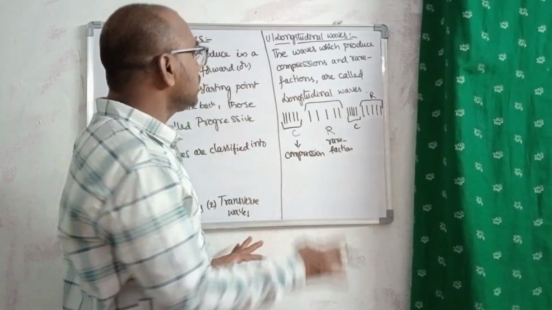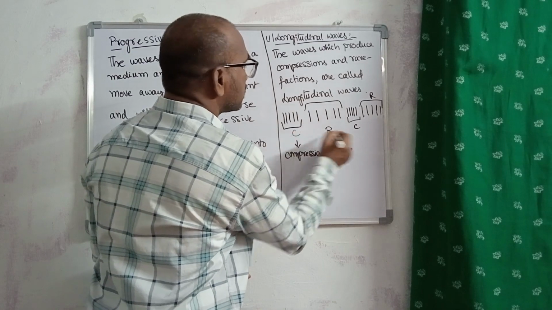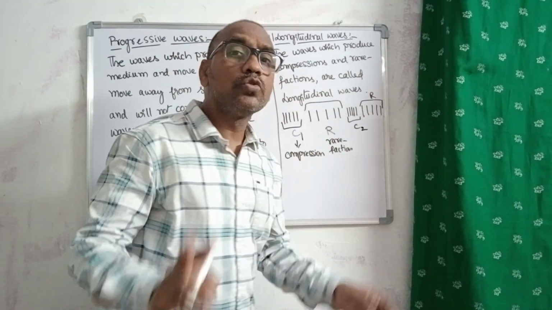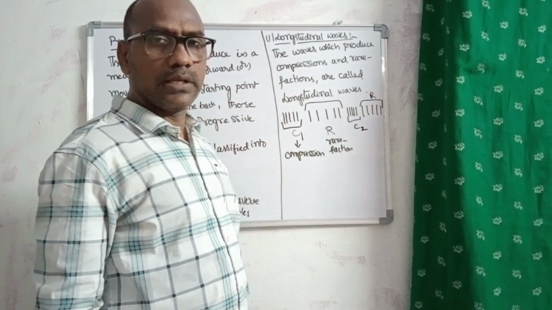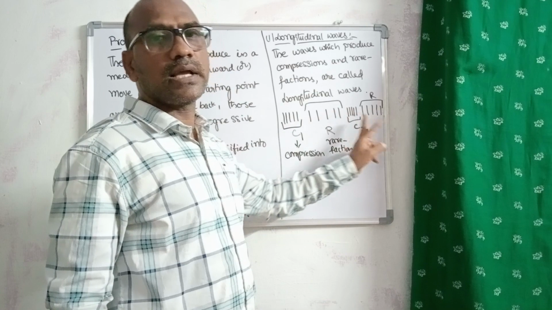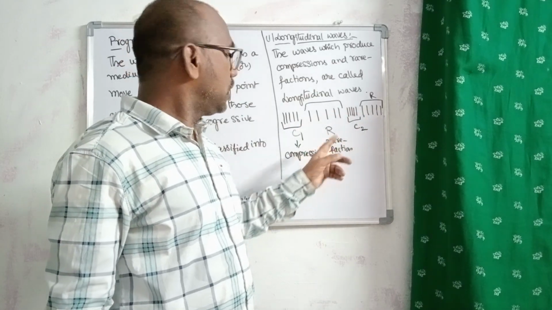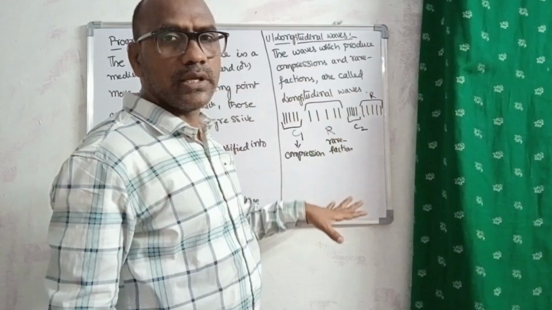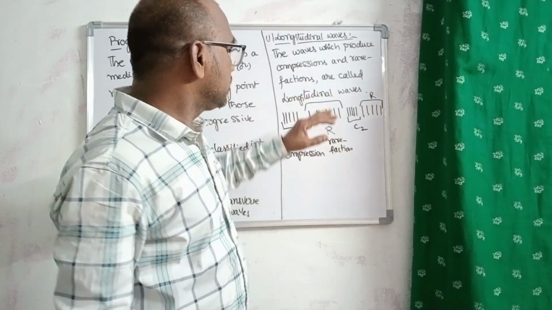Now see here, this is the first compression, this is the second compression. Let it be C1, let it be C2. Two compressions are there. Now measure the distance between the first compression and the second compression. In between these two, a rarefaction is there. We are not mentioning the rarefaction here.